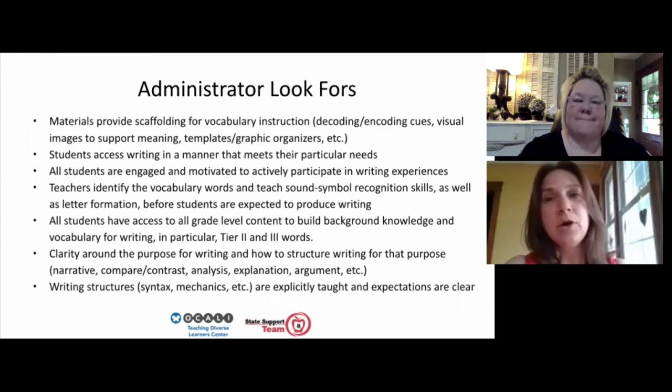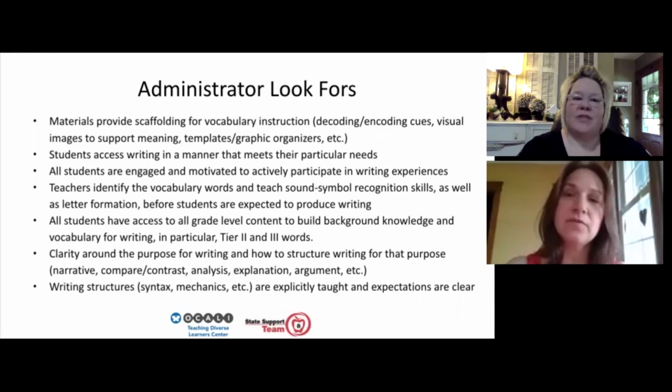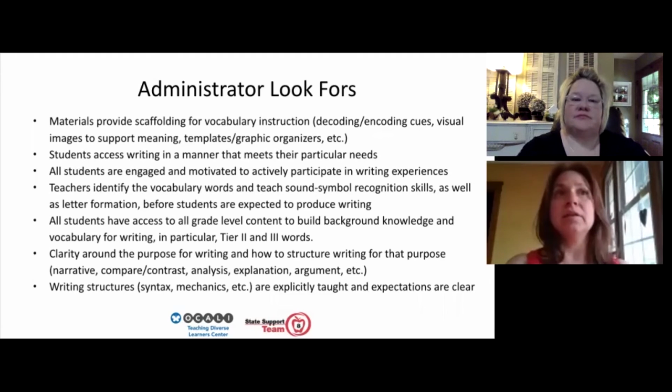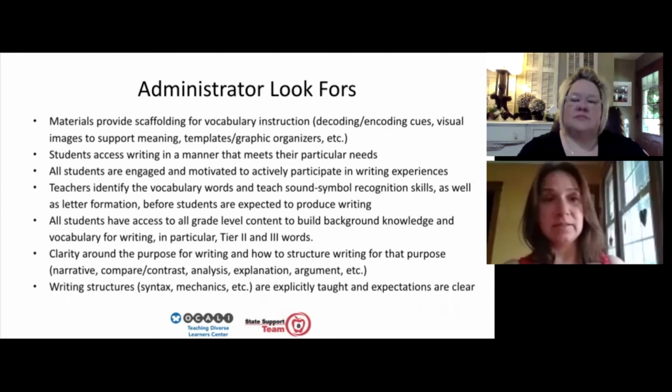So decoding and encoding cues, visual images, are you seeing those? Are your teachers using templates and graphic organizers and different supports for students to meet their needs and provide access?